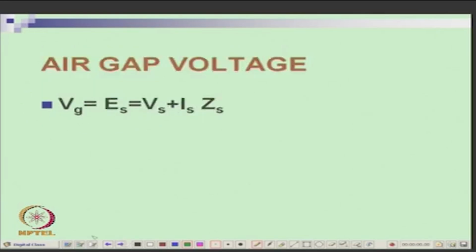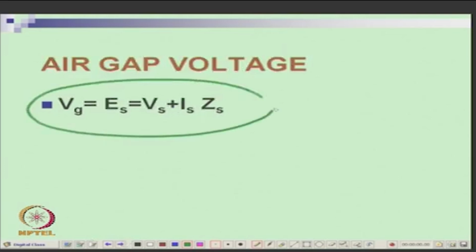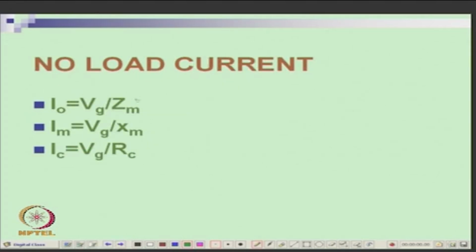Air gap voltage is Vg, or Es, equal to Vs plus Is Zs, because Is is now coming out of Vg. No load current I naught, Im, Ic you can find out, because you know Vg.